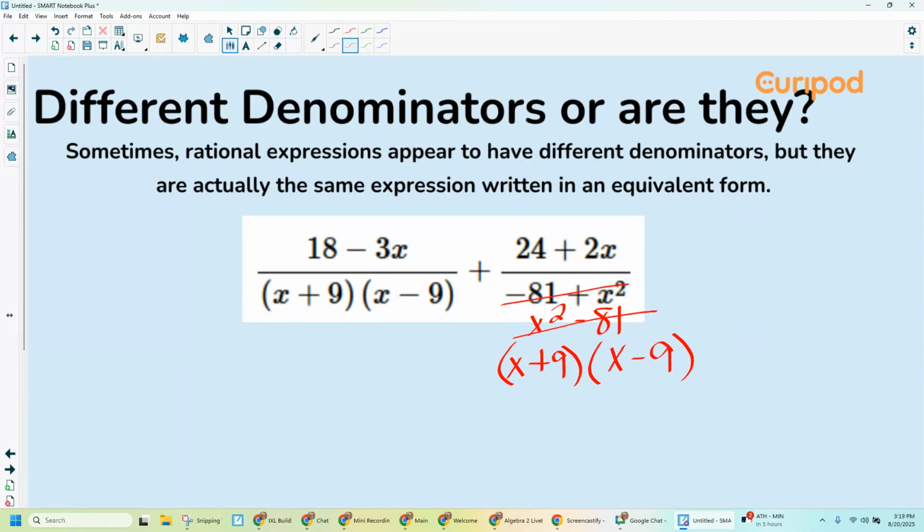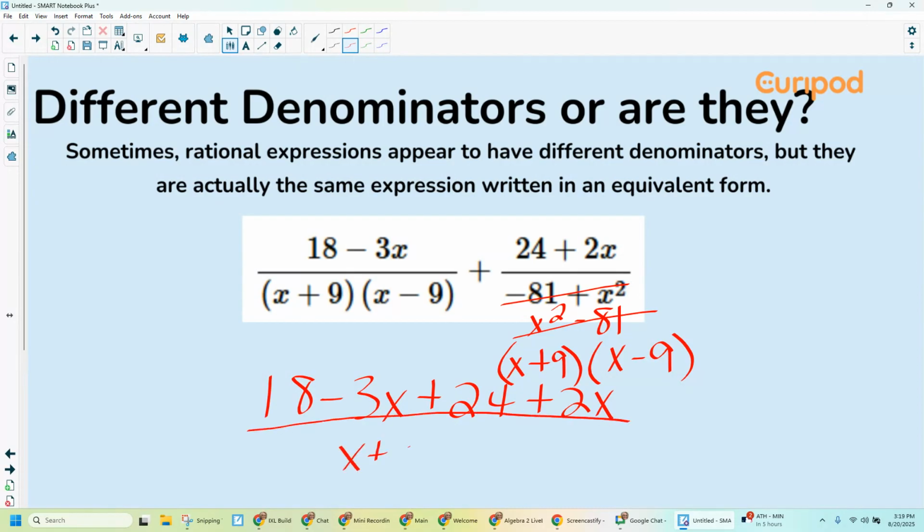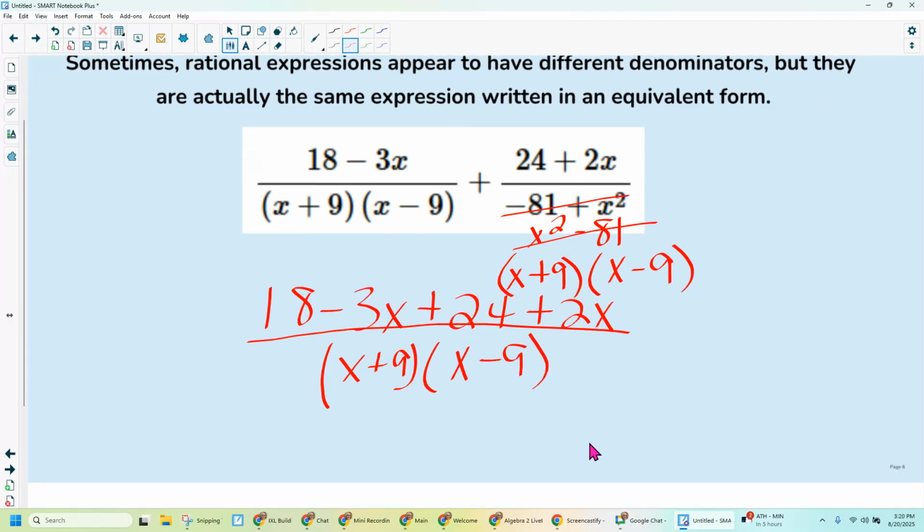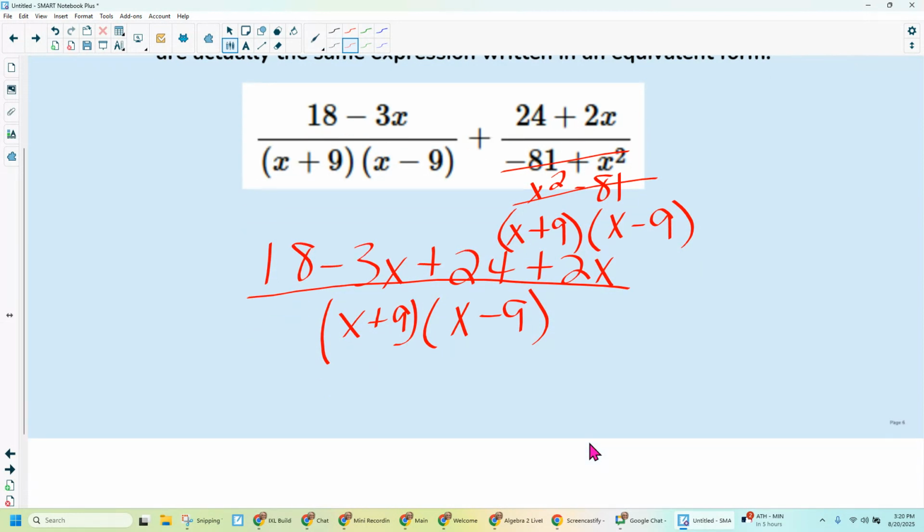So now that we have the same denominators, I can put everything that was in the numerator all over my x plus 9 and x minus 9. And then once I've done that, I'd want to add the like terms in the numerator. So I have 18 and 24.